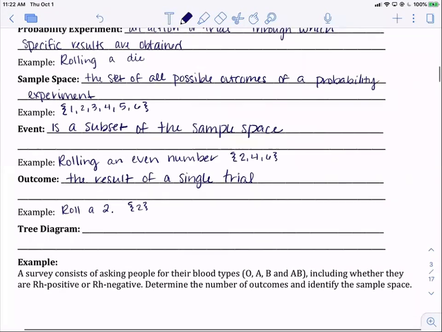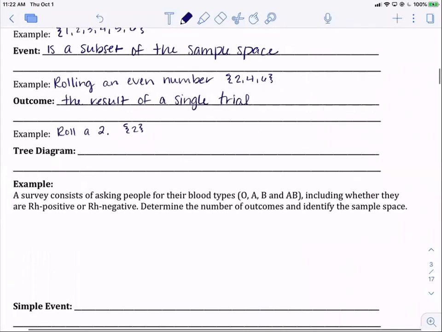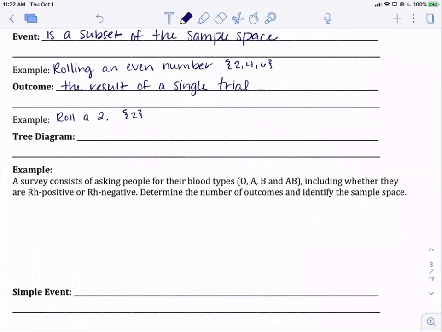Then we can look at different ways of representing them. So the first one we're going to look at is a tree diagram.